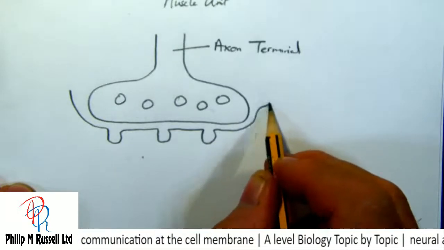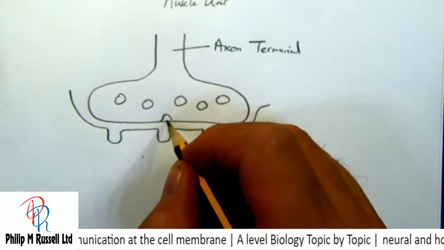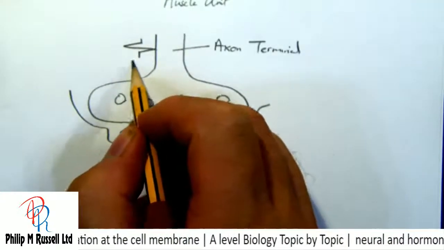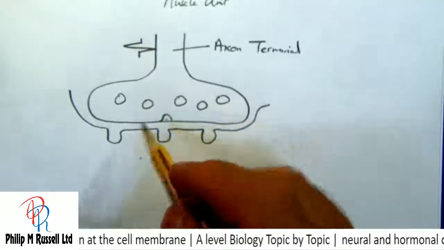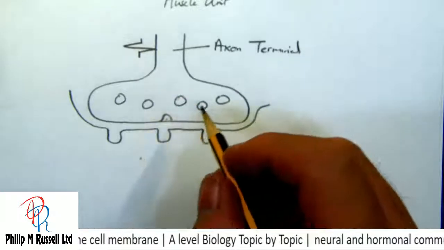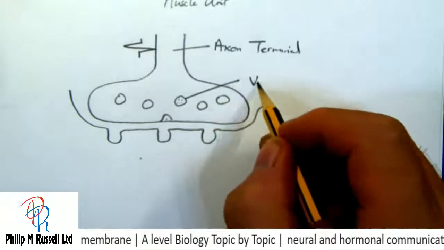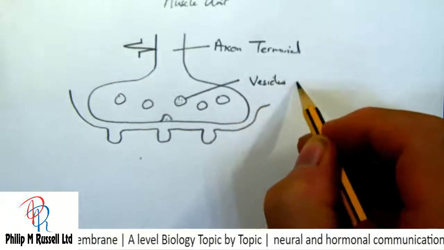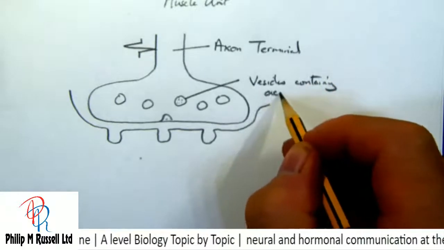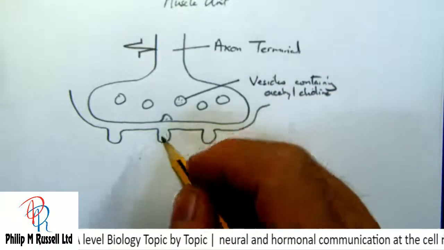Some of these will probably bind to the surface when our electrical signal comes in. And just as a normal synapse works with the calcium, we're going to get these vesicles containing acetylcholine, and they're going to release.